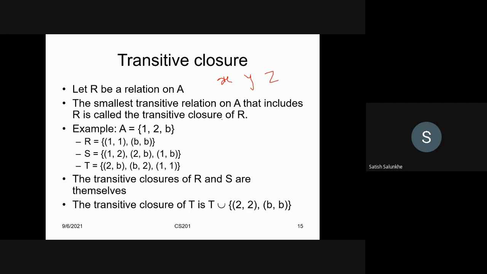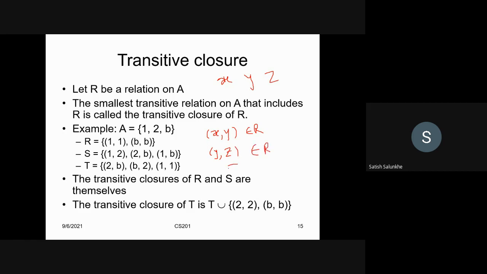So when you have x comma y belongs to R, y comma z belongs to R, this is in general we are writing, no matter what the values of x, y, z are.